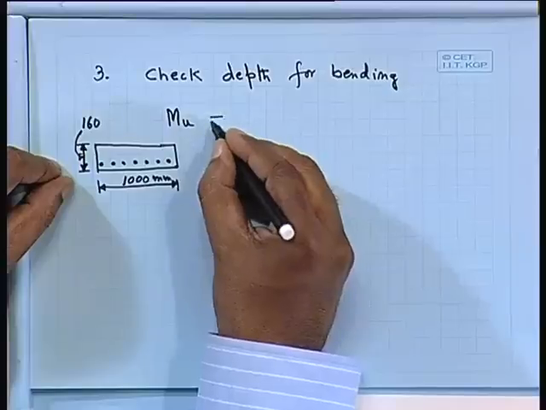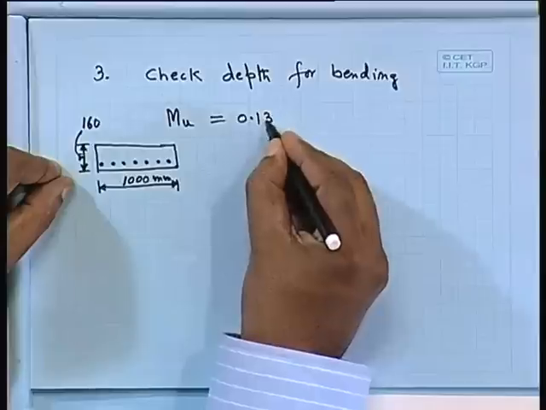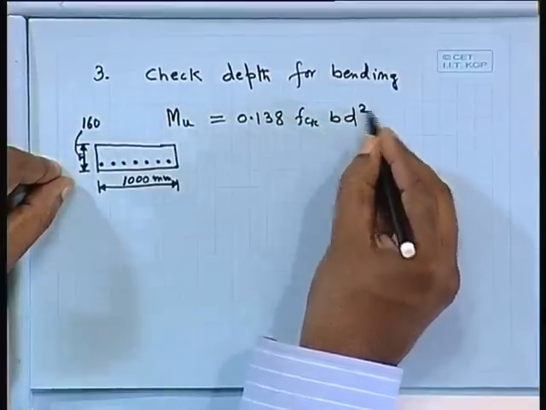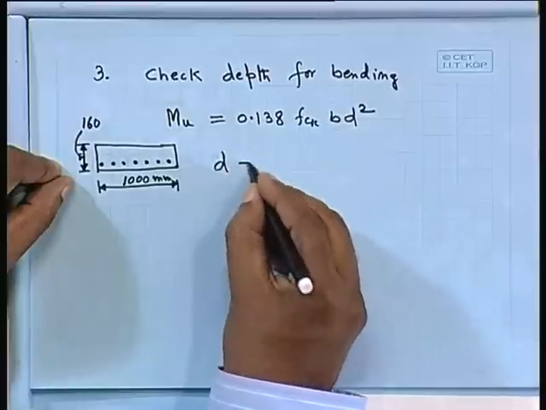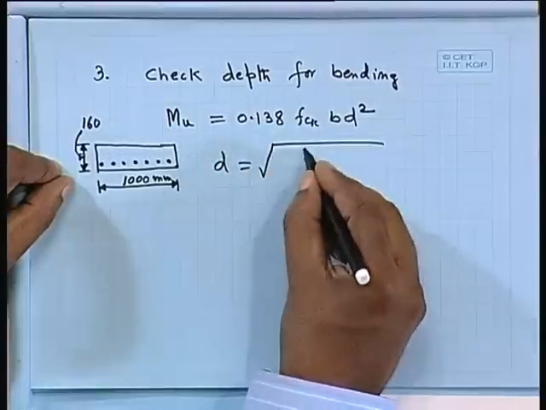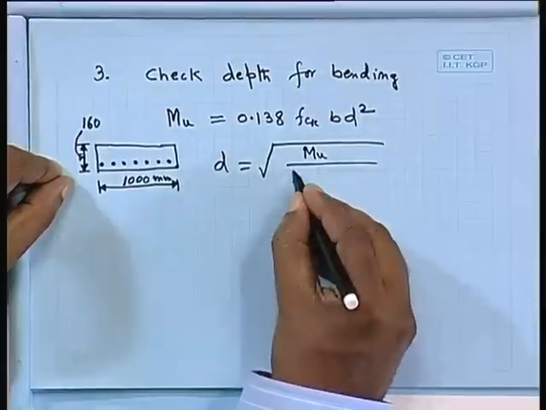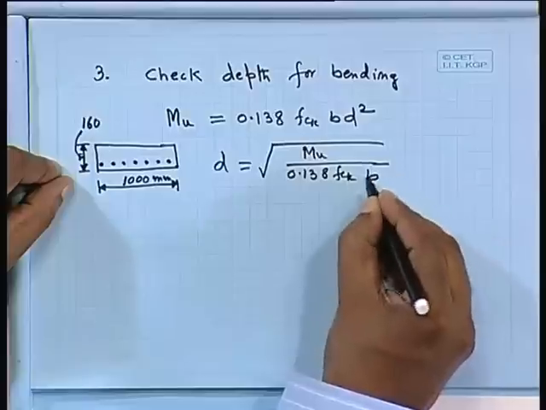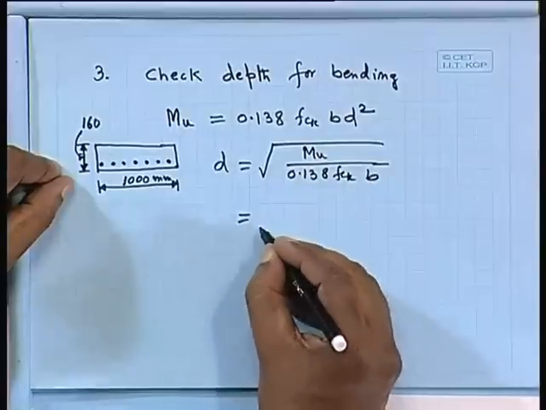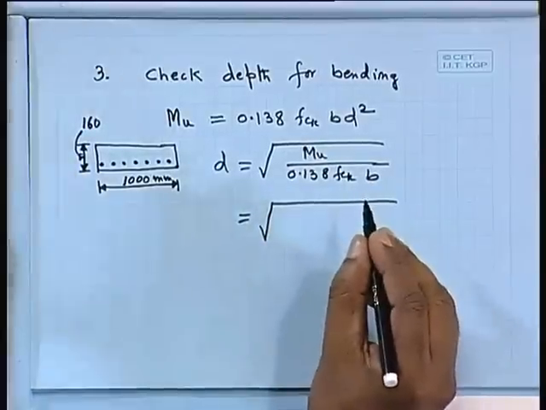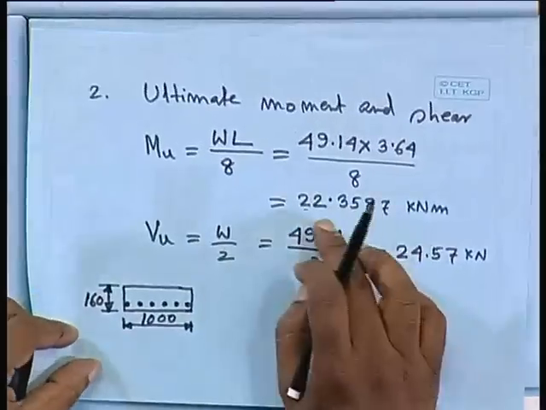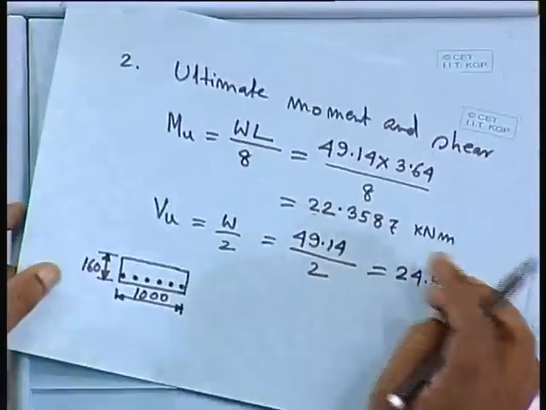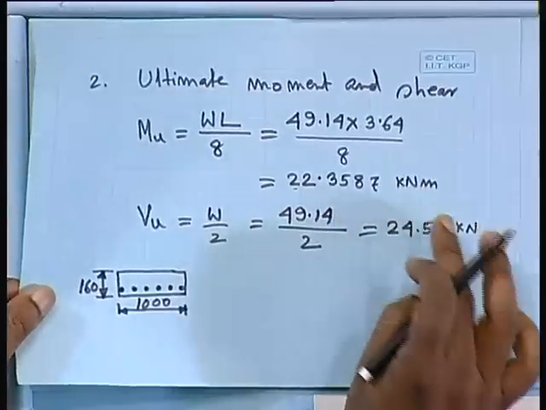So, Mu equal to 0.138 fck b d square, d equal to root over Mu by 0.138 fck times b. The moment we have calculated is 22.3587 kilonewton meter.